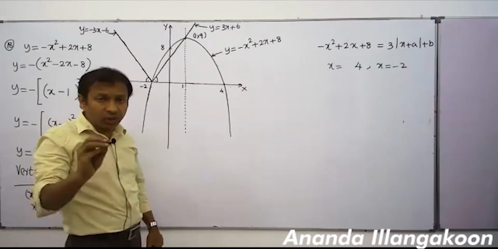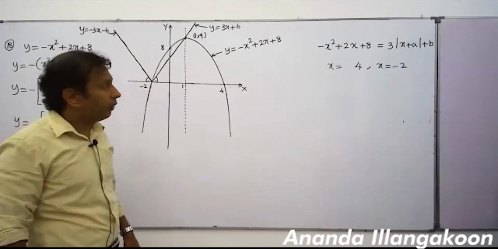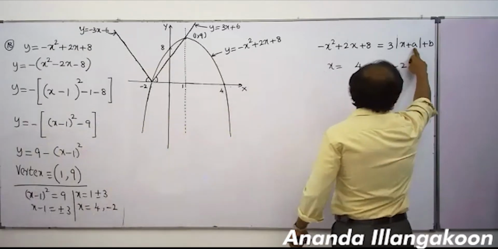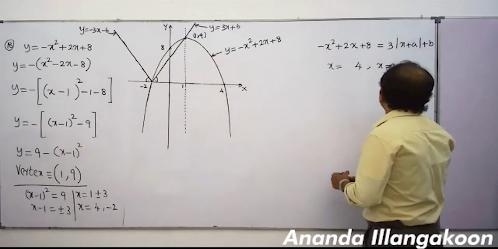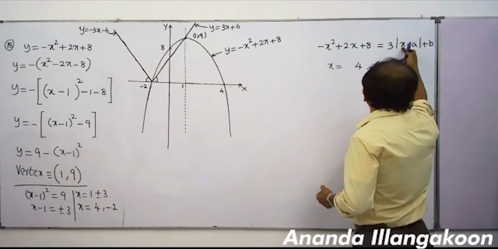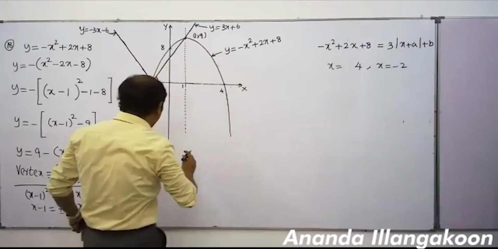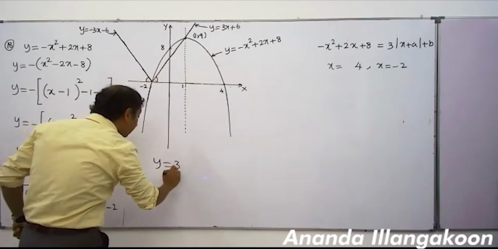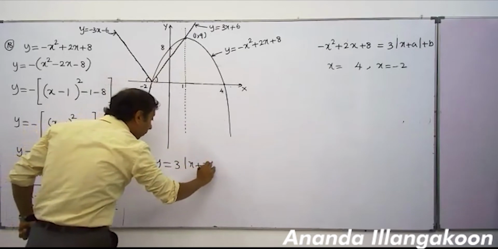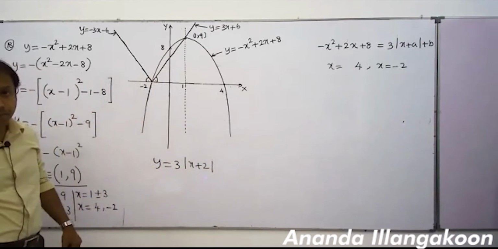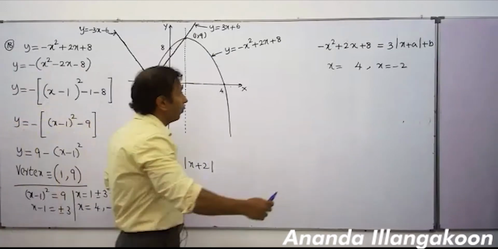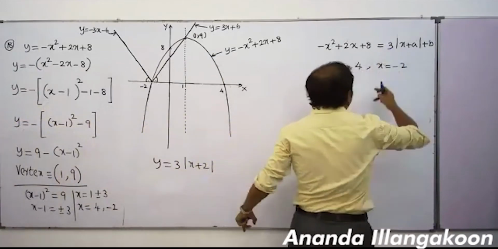Right. So this is how, people, we argue that. This A and B are constants. So this V-shaped graph, the equation was what, people? y equals 3 times mod x plus 2, no? The same 3 we have here.